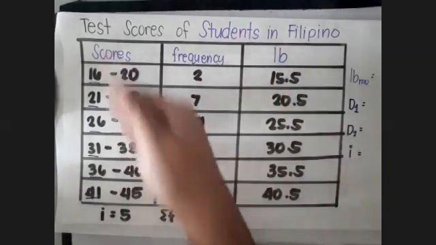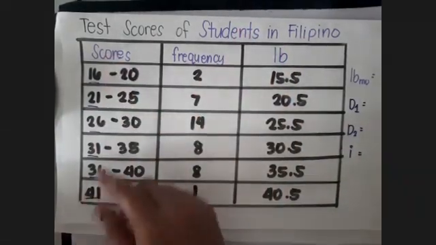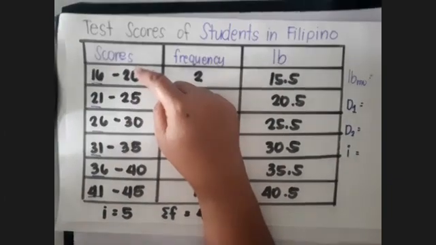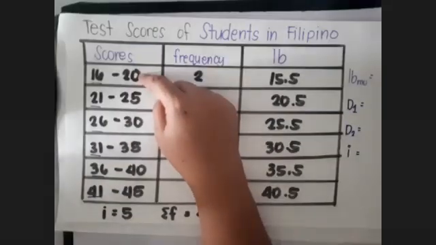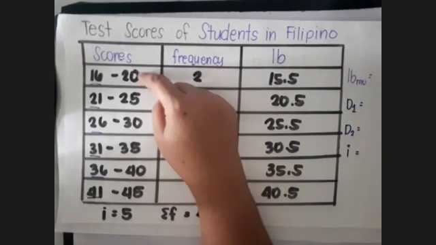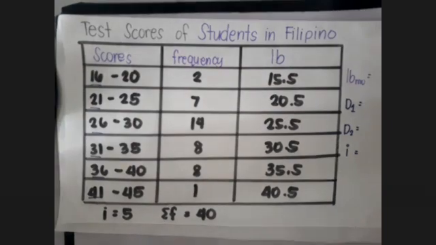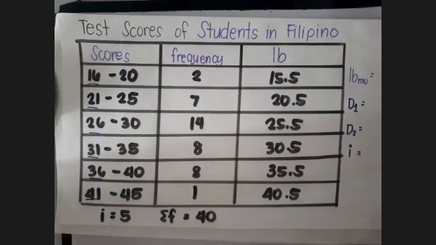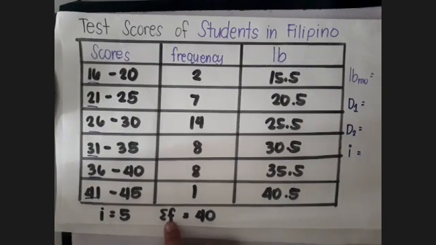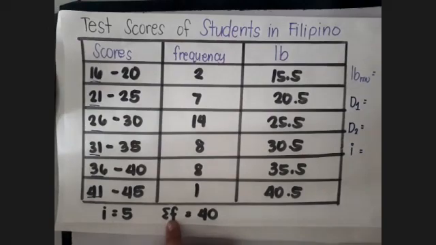Meaning, consistent yung interval mula sa lower range or low score tsaka high score pala, LS tsaka HS. So we have here an interval of 5, summation of F, or summation of frequency is equal to 40, or simply N is equal to 40.